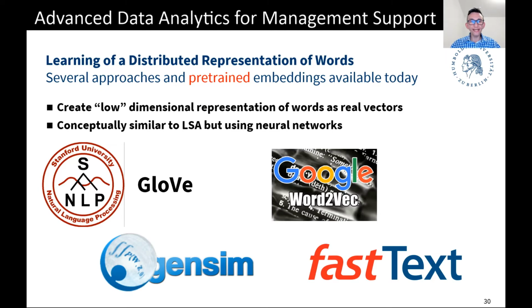And I have highlighted one word here. There are several approaches that make available pre-trained embeddings. And this pre-trained obviously looks very important due to the red color, and in fact it is very important.